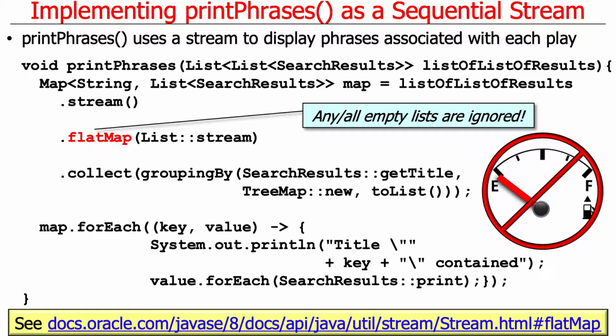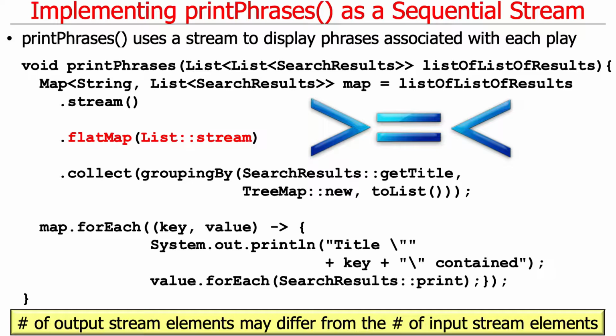First, as I mentioned before, it ignores anything that's empty in the input, which is good. And flat map is interesting because unlike map, which always has to return the same number of output stream elements as there were input elements, or filter, which may return less than or equal to the number of input stream elements in its output stream, flat map can return less than, greater than, or equal to the number of elements. So if there's nothing to flatten, it'll return an output stream that has the same number of elements as the input stream.